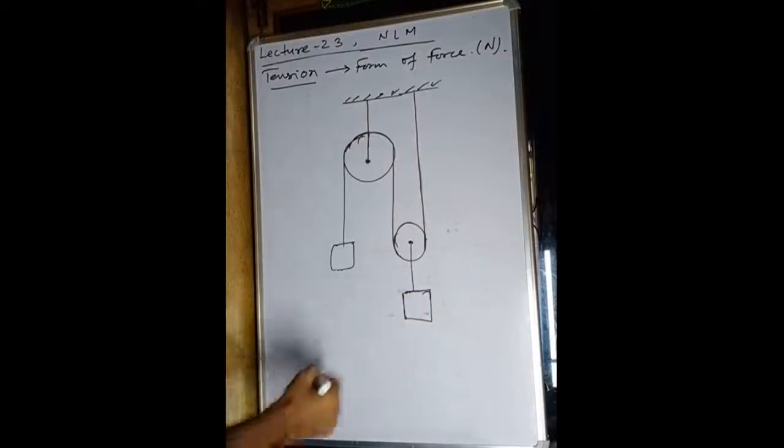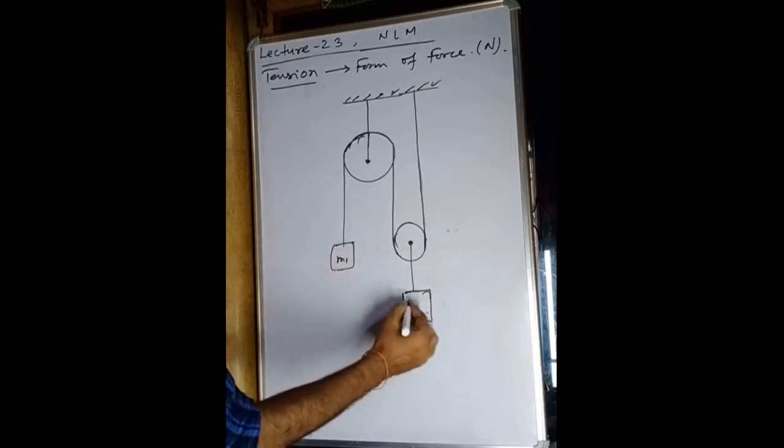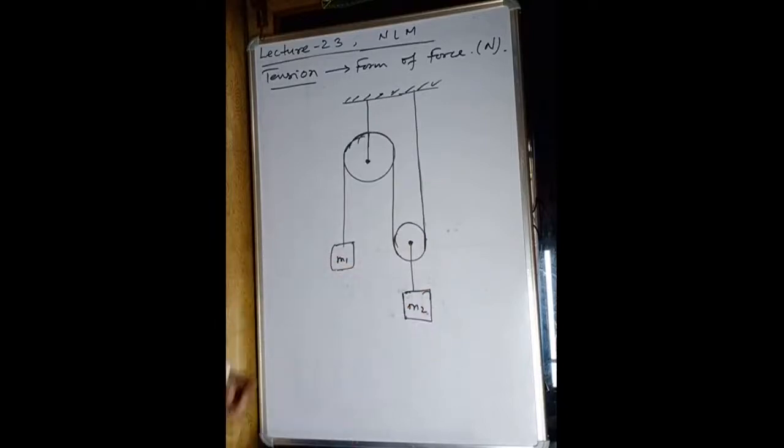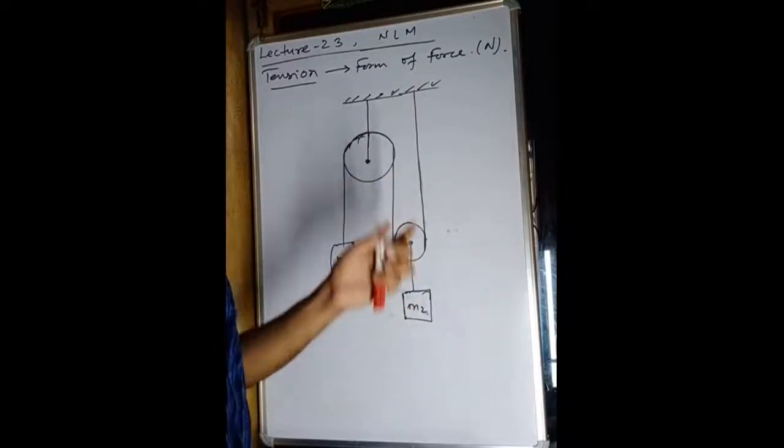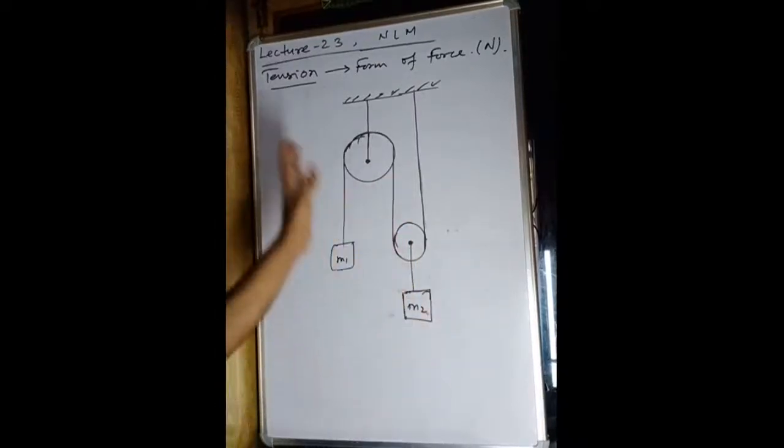Try to understand. Now I'm going to represent the tension here. This is mass M1, M2. This system is in static state. Might be the system will move; if one is moving downward, the other will move upward. Anyways, we have to understand how the tension should be considered.